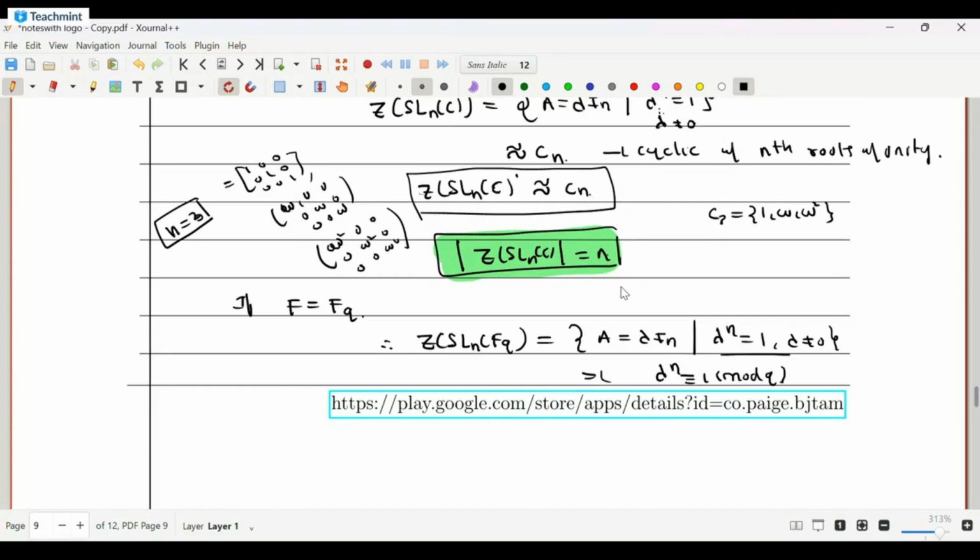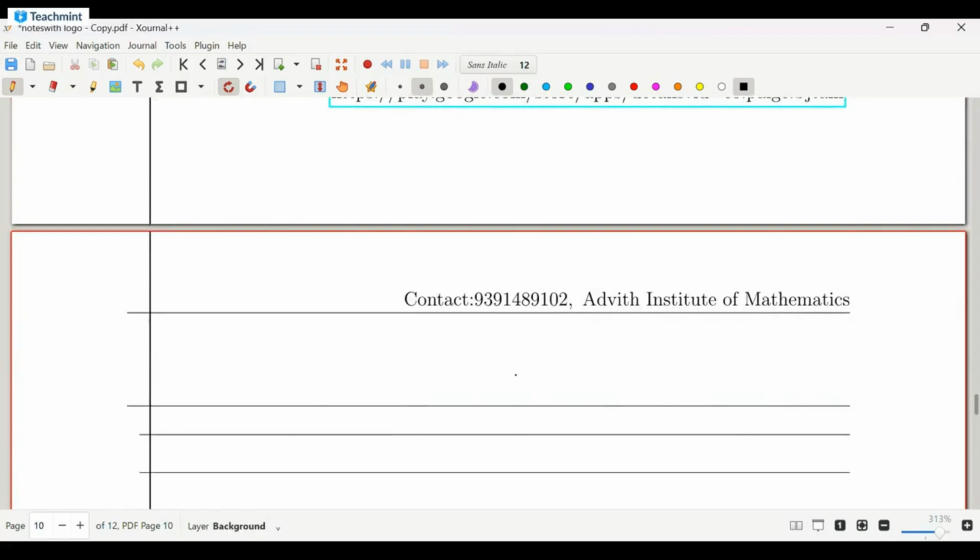So we need the solutions of lambda power n minus 1 which is divisible by q. Therefore what are the elements here? But here Zq star is isomorphic to C(q minus 1). Zq star does not contain 0, sir. The number of elements in Zq star is 1 to q minus 1, so the total number of elements is q minus 1, which is isomorphic to the unit roots of q minus 1.